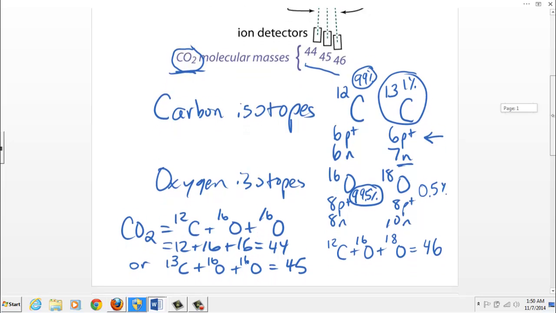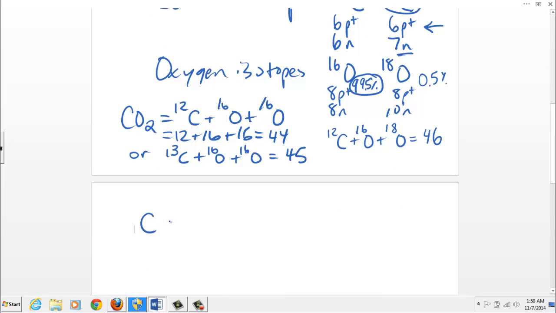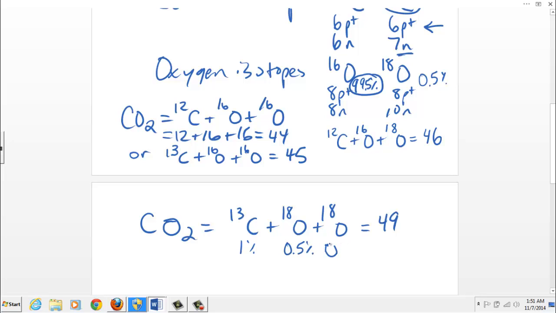Now you might be asking yourself, can't there also be some CO2 where you have the C13 and the oxygen 18 and the oxygen 18, in which case it's going to add up to 49. Technically you could have some of that, but that's asking for about 1% of the carbon to show up in this molecule at the same time that 0.5% of the oxygen shows up, at the same time 0.5% of the other oxygen shows up.